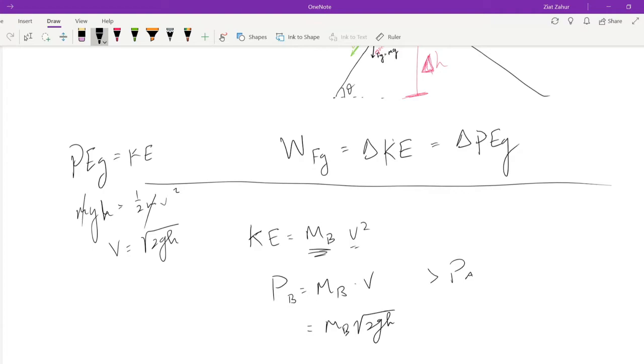Momentum of B is greater than momentum of A because mass of B is still greater than mass of A, and they still have the same velocity as was calculated earlier in part B. But also, don't just reference part B, rewrite it. So even though you're explaining part C, you would say, as stated in part B, velocity is equal to square root of 2gh. So restate it.